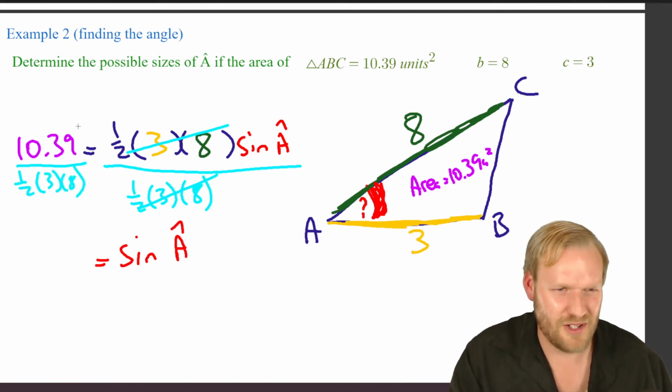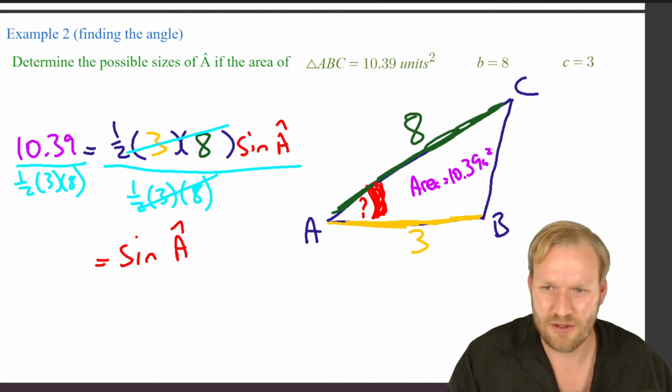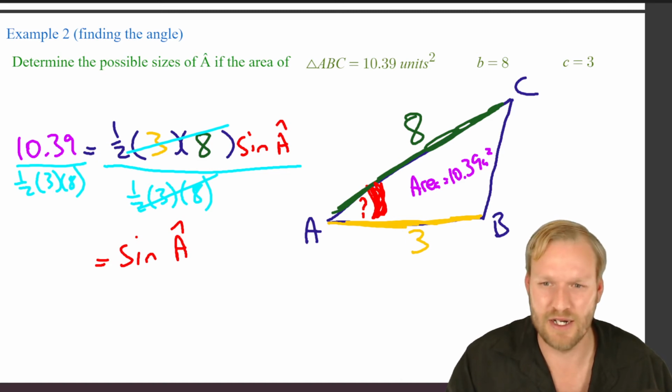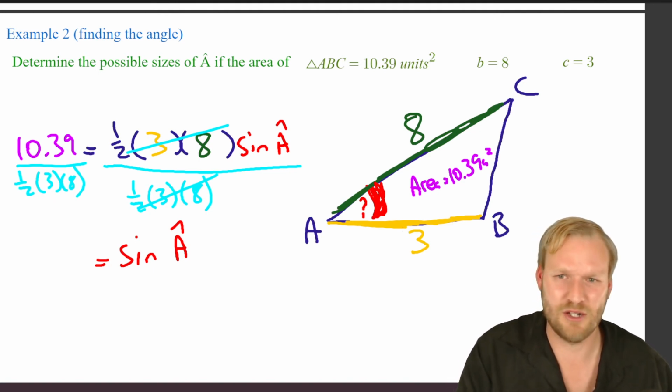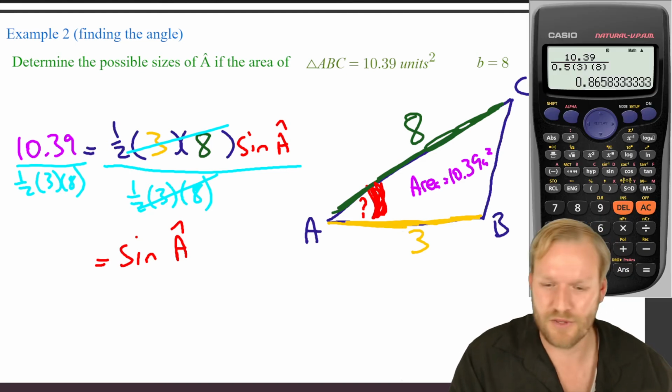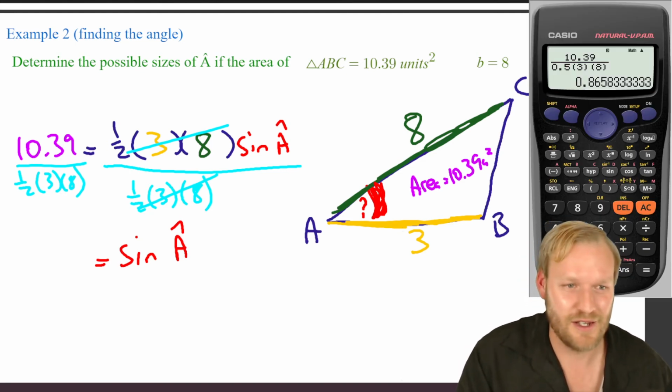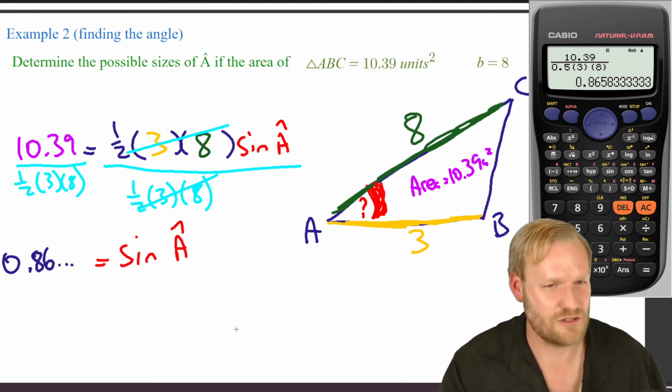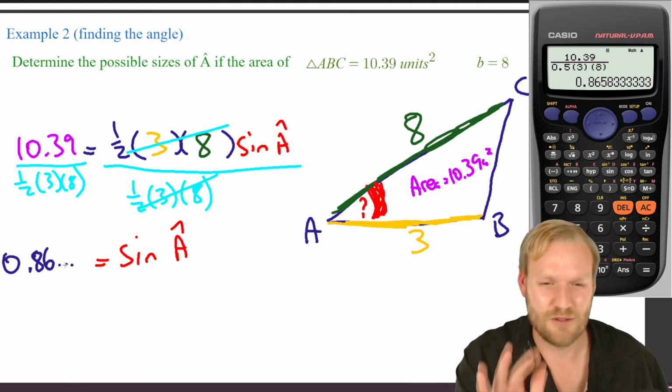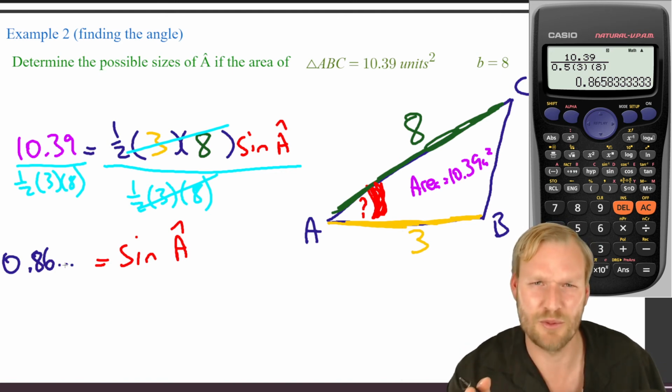Now, you don't have to show that so much as I'm going to take this here and go 10.39 and divide it by a half times 3 times 8, and I get 0.86. Oh, there we go. That's what I'm doing. I'm putting it in the calculator, and I get this left-hand side. Let's go for blue. Why not? 0.86. I'm just going to put a dot dot dot to show that I'm not rounding off yet, but I'm just holding that. Makes sense. You with me?